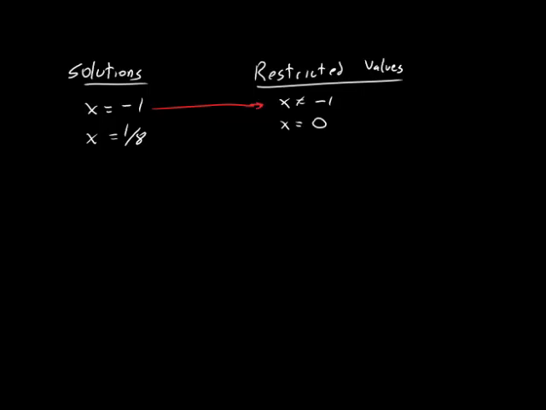This means that x equals negative 1 would fall in a hole and therefore is not a true solution. Since that's a fake solution, we'll cross that out. However, that leaves behind our real solution of x equals 1/8. Note that 1/8 is not part of the restricted values, so it's okay. Therefore, when we answer this question, we would only say x equals 1/8.